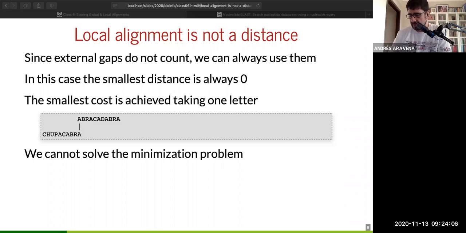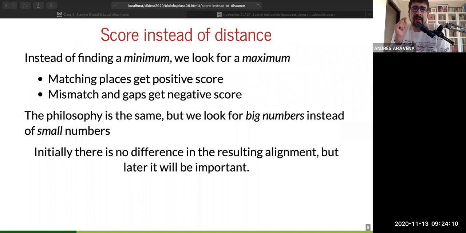And this is one of the ideas for today. Instead of calculating a distance, people say we are going to calculate a score. And the difference is that a score is something that you want to make bigger. Instead of having a small distance, you want a big score.